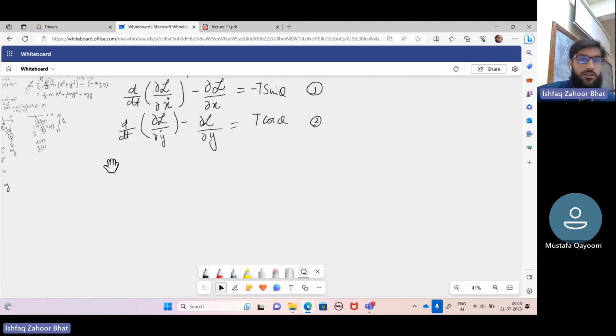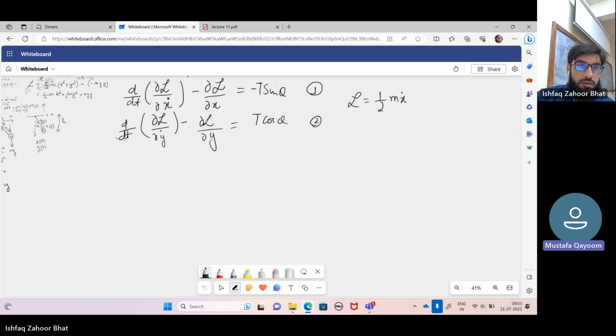We calculated this Lagrangian. Let me write it again. What was the Lagrangian equal to? The Lagrangian was 1/2 of m x dot square plus 1/2 of m y dot square plus mgy. Okay, now let us solve this first one.